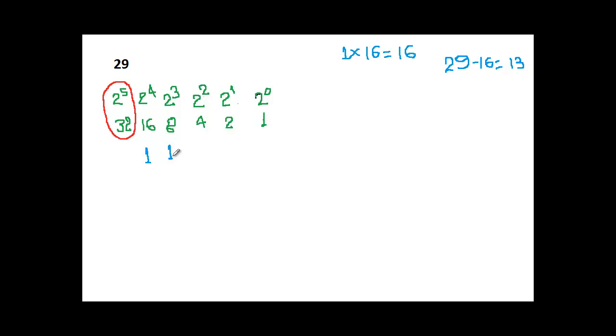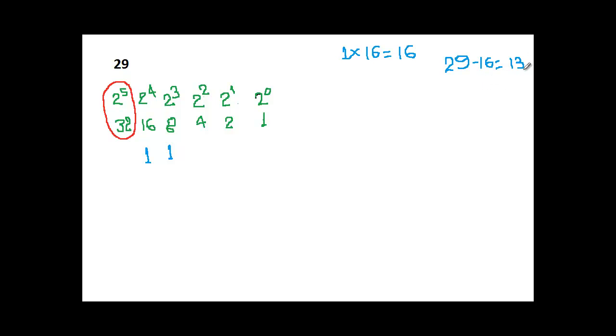By placing 1 at this place, I represented 8. I already represented 16 by placing 1 here. Now by placing 1 here, I represented 8. So I have already represented 24. At the first step, I wanted to represent 29, and by placing 1 here, I represented 16.